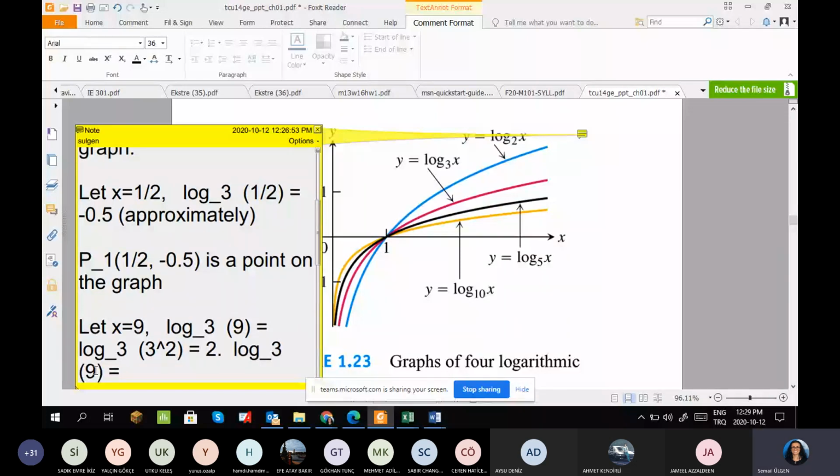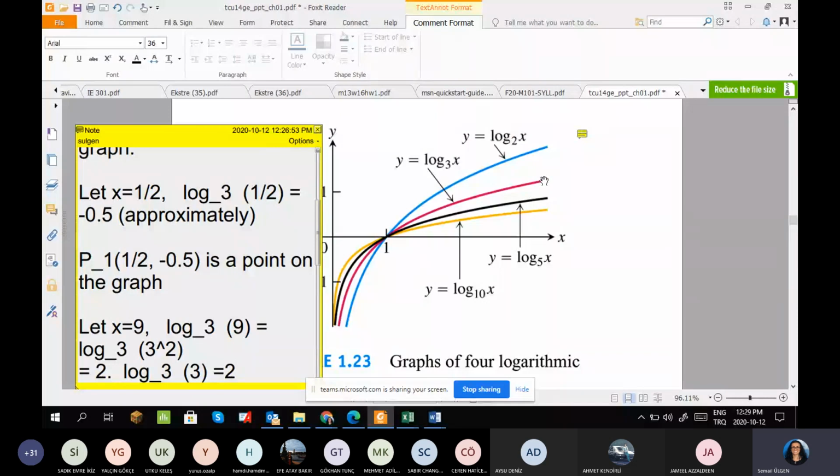This is a rule of the logarithmic function properties which you have seen in high school. And logarithm base 3 of 3 is 1, so this is 2 times 1, which is 2. Whenever x is 9, the value is 2, so it should be somewhere up here.